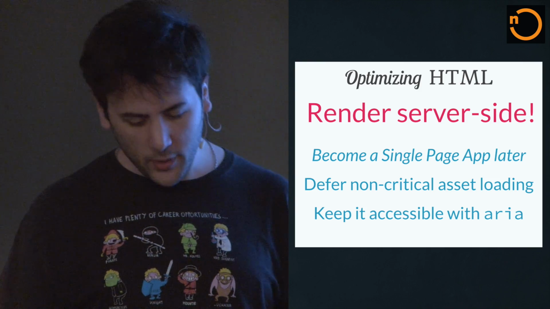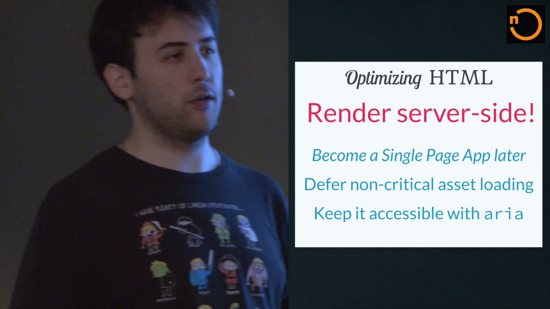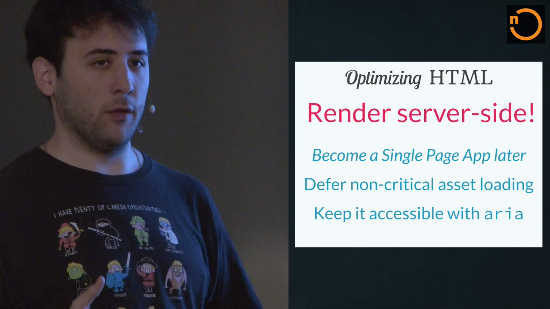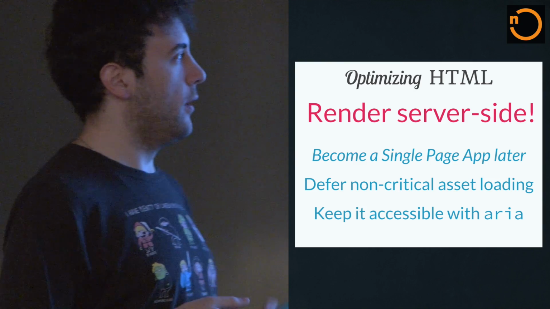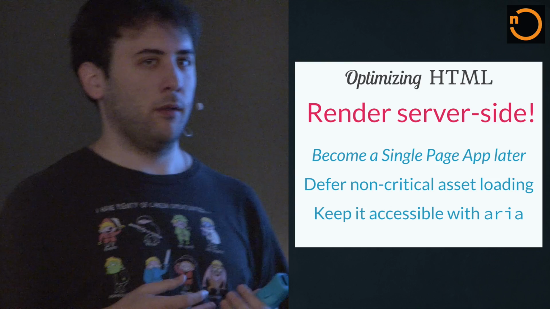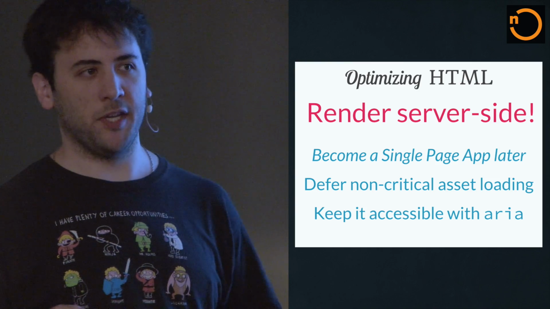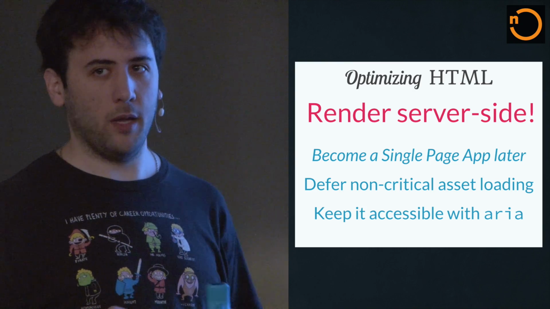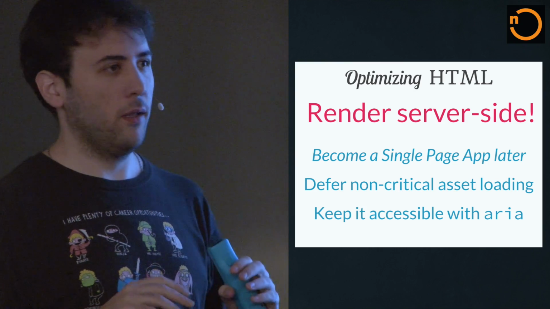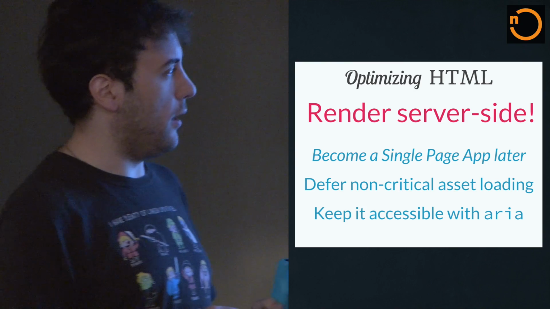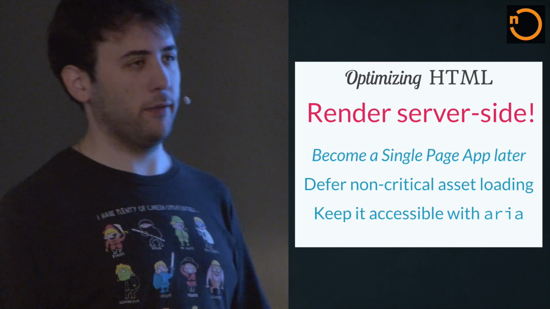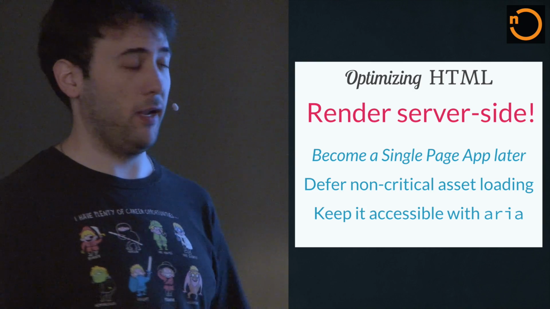And you should also defer any non-critical asset loading. Again, this means the content is all that matters. So if you have 20 images in your page, chances are maybe 5 of them are in the top of the site, what's called above the fold. But the rest are just nowhere to be seen, and they're still loaded and blocking everything else.